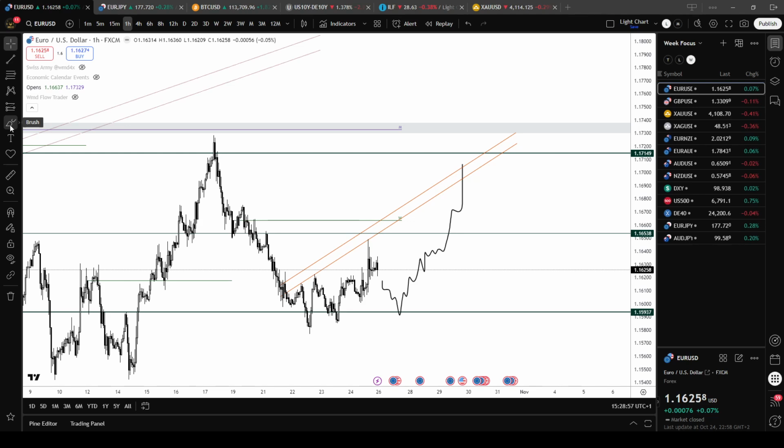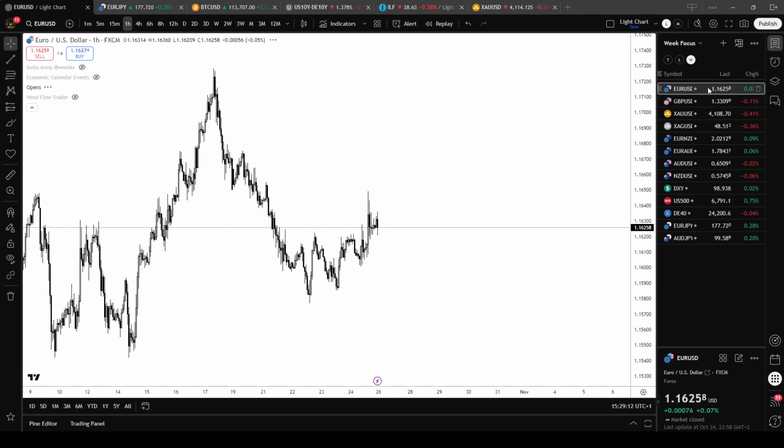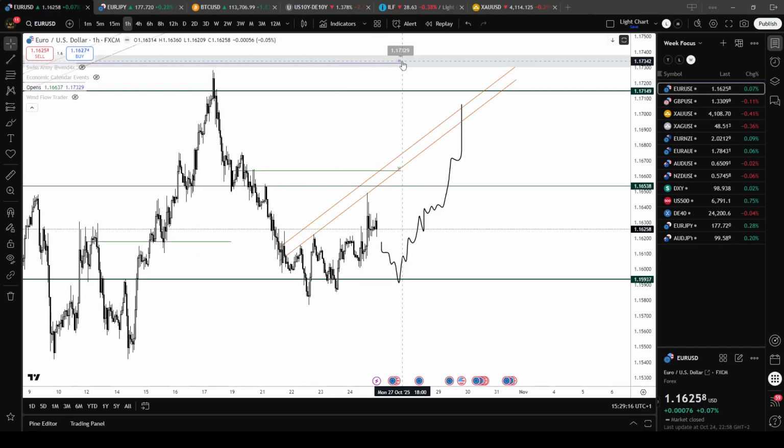Because last week, when you compare what Euro did with what GBP did, GBP just sold off and made new lows on Friday. We'll cover it now, but Euro held better. We still have that gap to fill, and we have volatility.